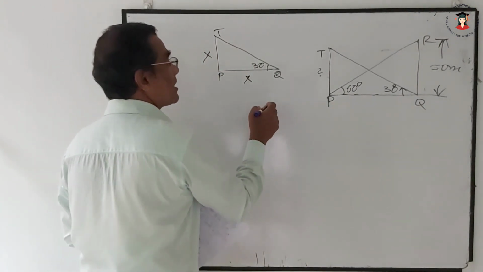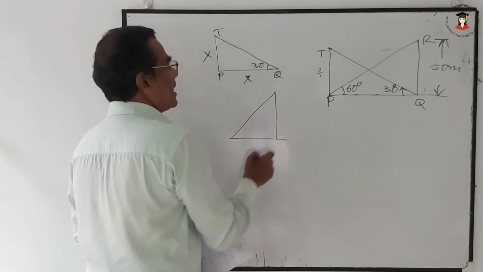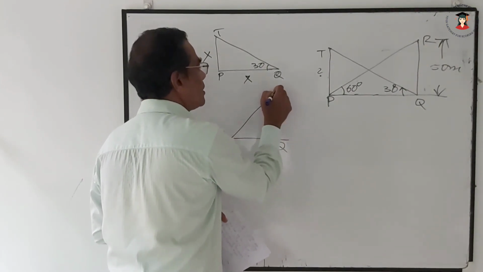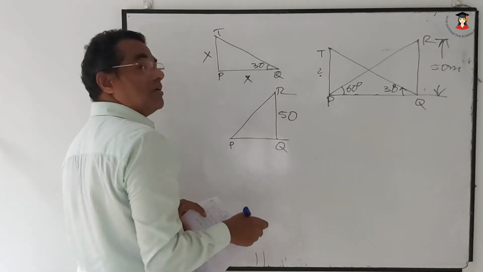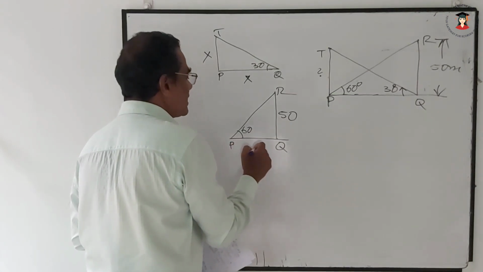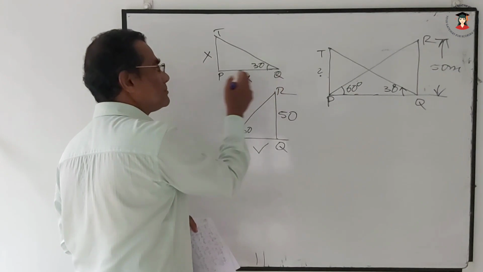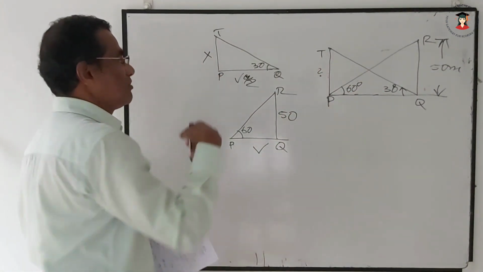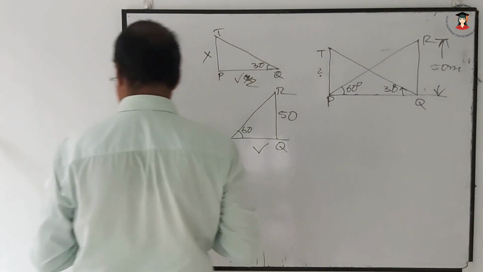We will first consider this triangle, PQR. Here the vertical height is given and the angle is also given. So we can readily find the horizontal distance, and this distance is the same because PQ is common to both triangles. So let us first find PQ using triangle PQR.